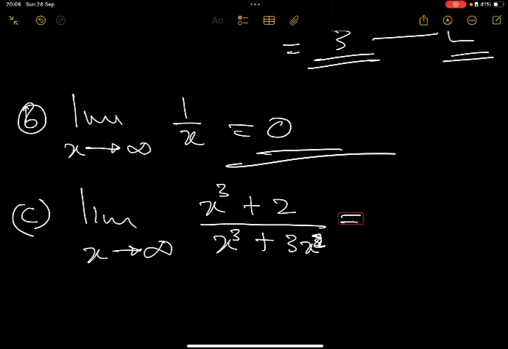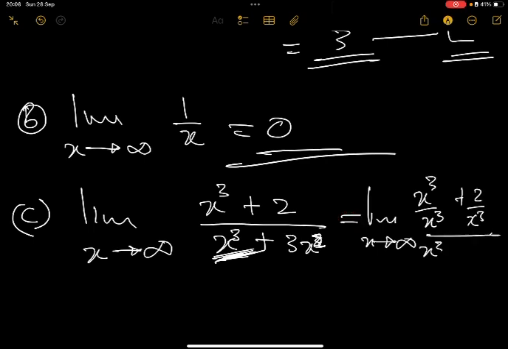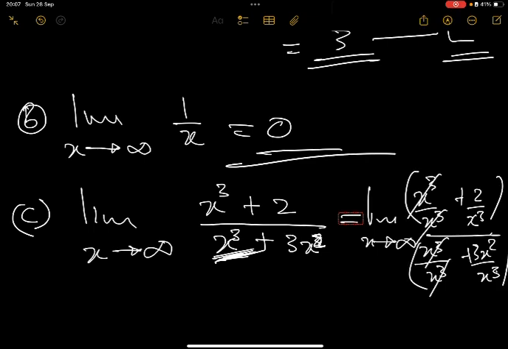I told you you have to divide each and every term by the variable with the highest power. So we say limit as x approaches infinity of x cubed over x cubed plus 2 over x cubed, over x cubed over x cubed plus 3x squared over x cubed. So this one and this one cancel, this one and this one cancel. We are left with 3 over x here.